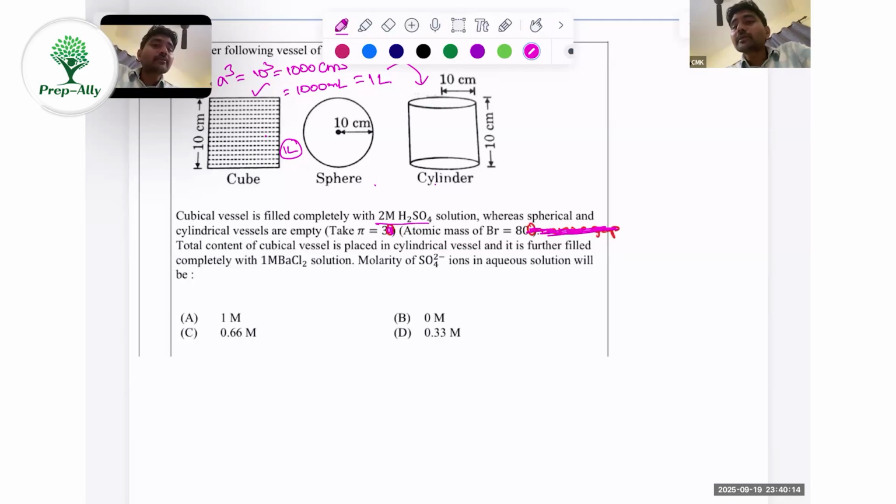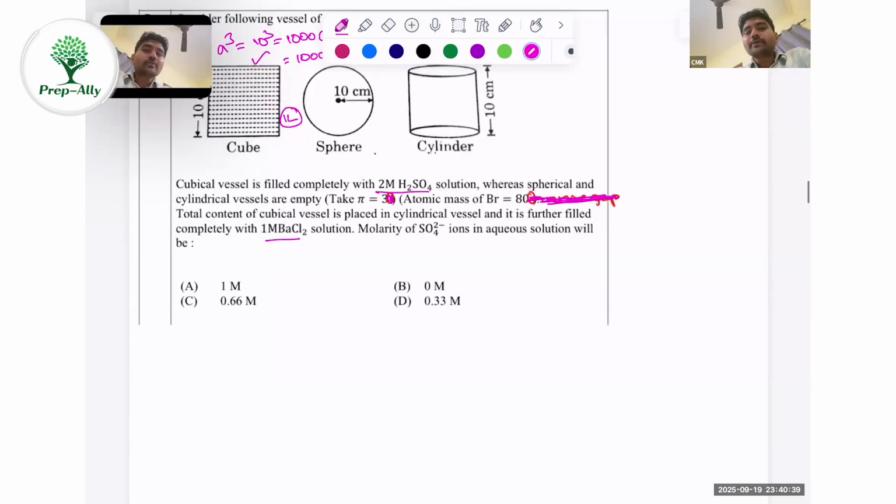The total content of the cubical vessel is placed in the cylindrical vessel, and it is further filled completely with 1 molar barium chloride solution. Barium chloride and H2SO4 react, and we get barium sulfate, a white precipitate. Precipitation reactions we have studied in 10th class. So you need to find the molarity of sulfate ions in the aqueous solution.